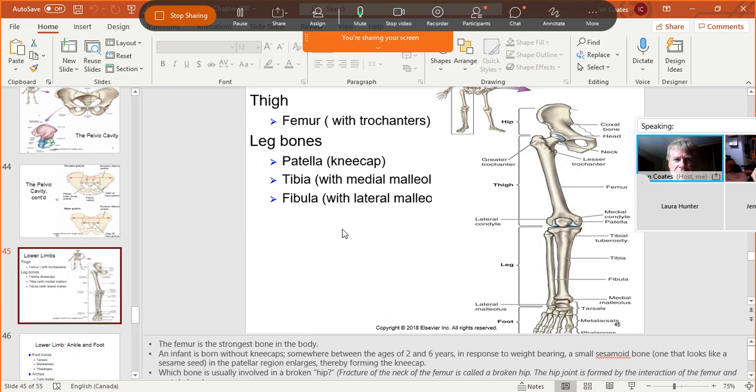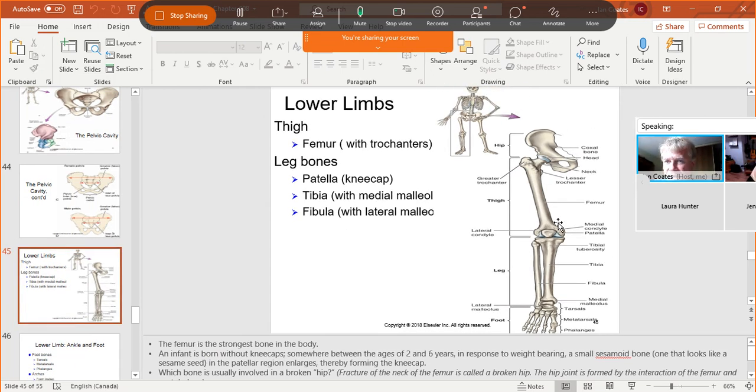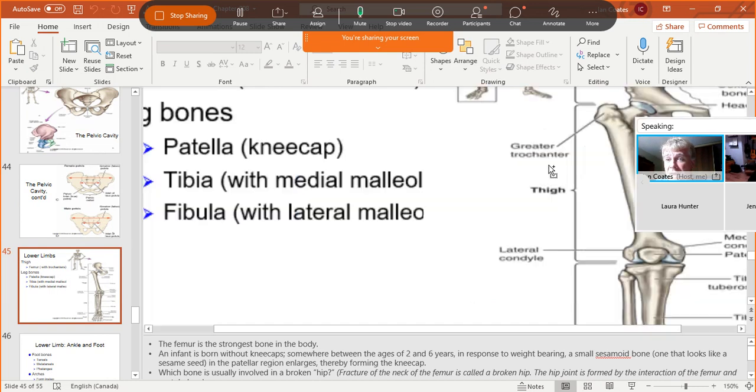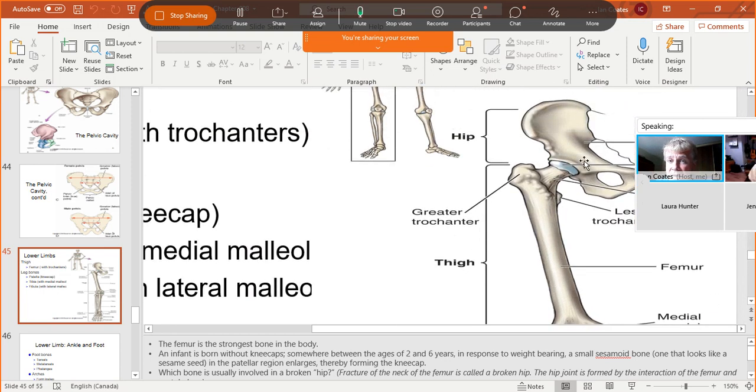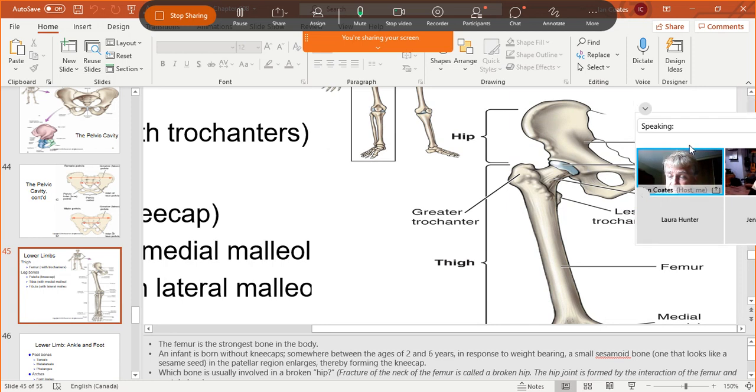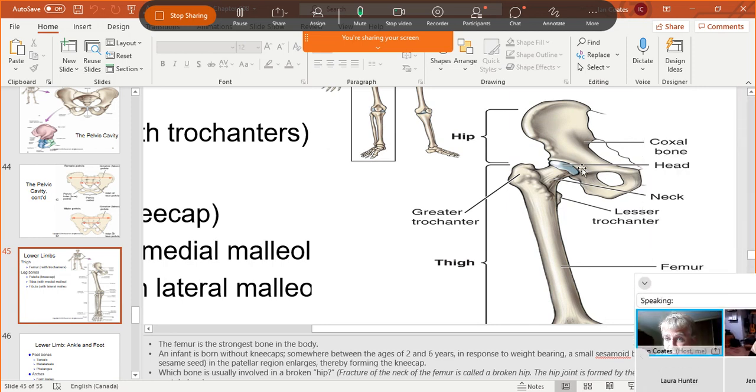Oh, we're moving. We're flying. So here is the shot of the leg. We'll zoom in and have a look at the acetabulum. And there's your hip, and here's your acetabulum, right in here, and the head of the femur fits right in here.